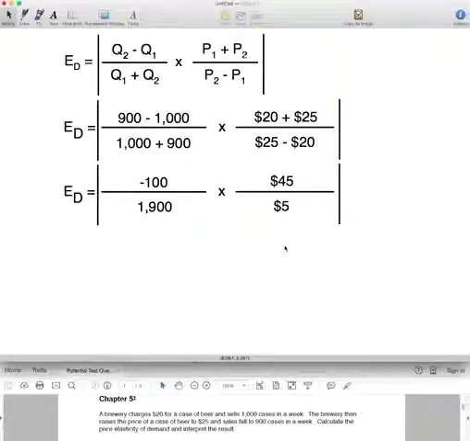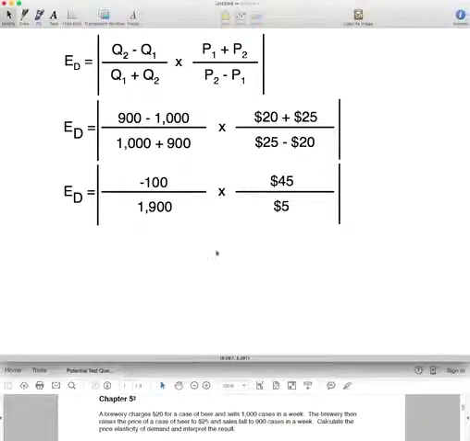So if we break out our calculator, and remember that the calculator is going to be given to us. You won't be using any outside calculators. So I'm taking out my calculator, and I have negative 100 divided by 1,900.